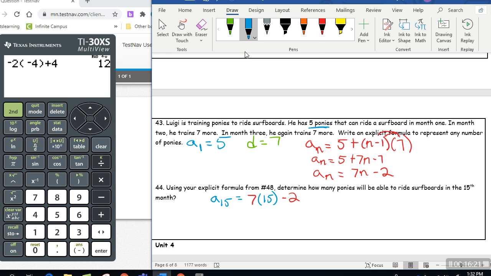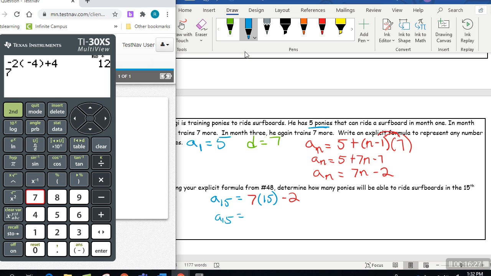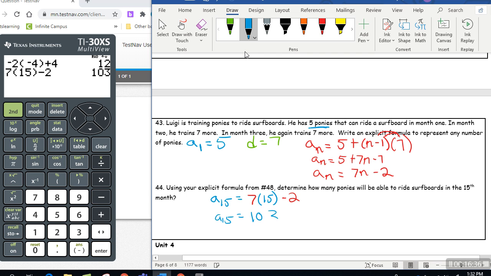Just like the problems that we were working with before, we could just type this into our calculator. So we get 7 times 15 minus 2 equals 103. So after 15 months, we've got a total of 103 ponies that can ride surfboards.